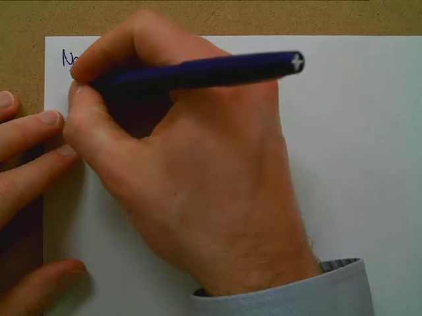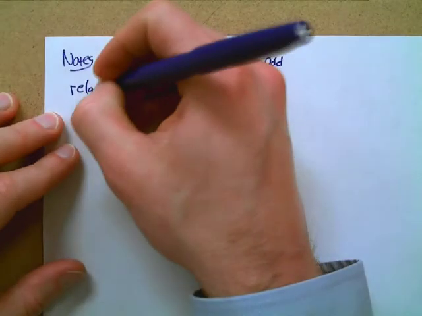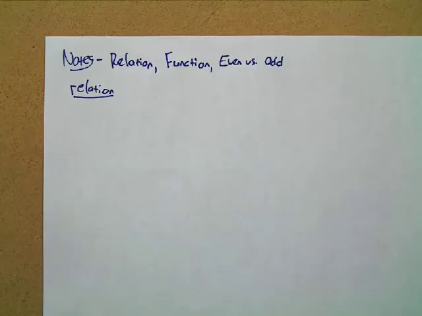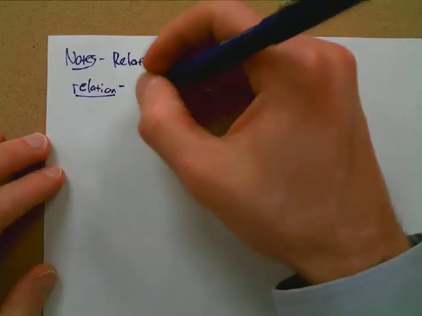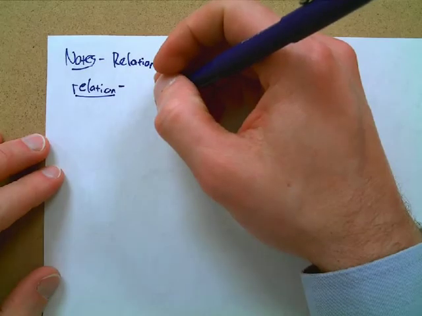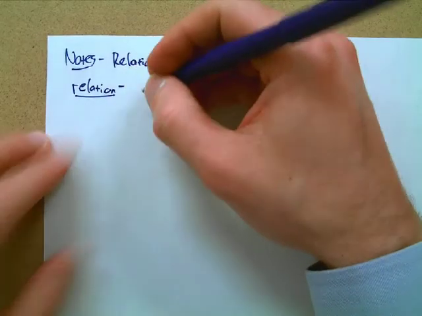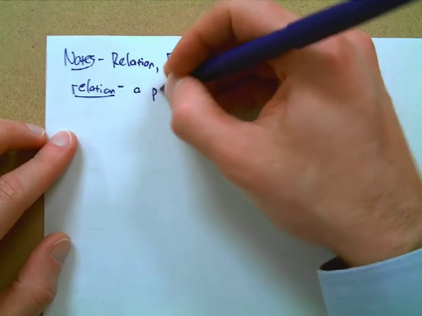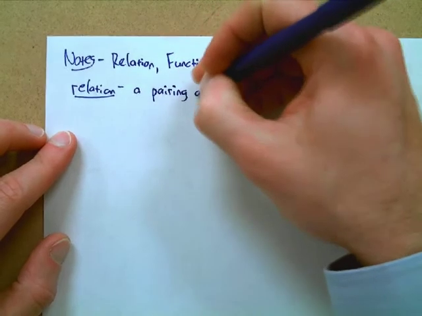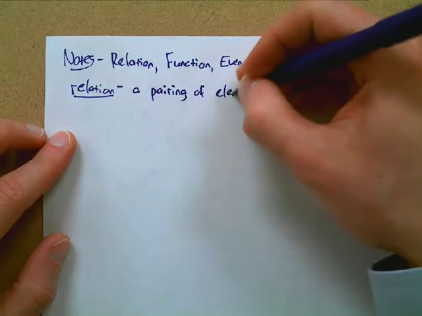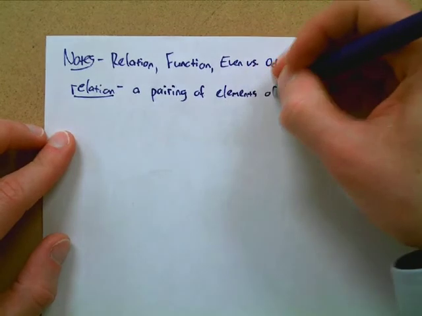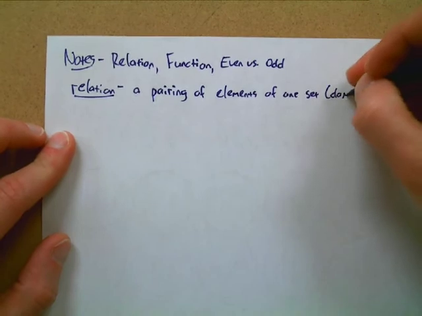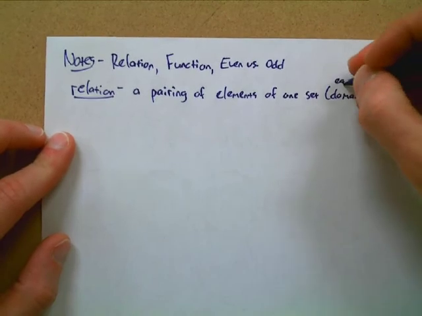So in math, a relation is a pairing of elements of one set, in this case, typically the domain.